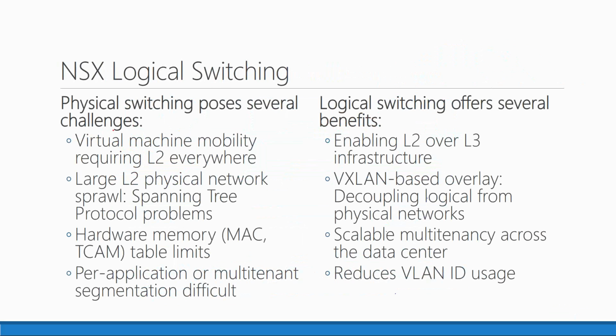When I take all of that and move it into software, all of those physical problems literally disappear. Poof, they're gone. Notice on the right-hand side, that first bullet point: enabling layer 2 over layer 3 infrastructure. I'm tunneling a layer 2 network over layer 3, no physical VLANs. So we have the ability to fundamentally change switching.